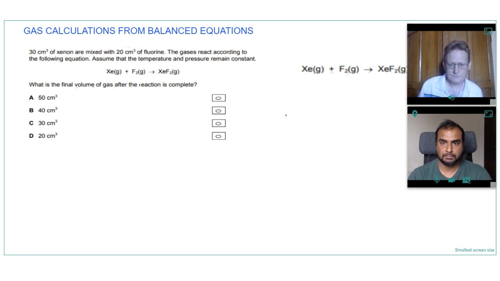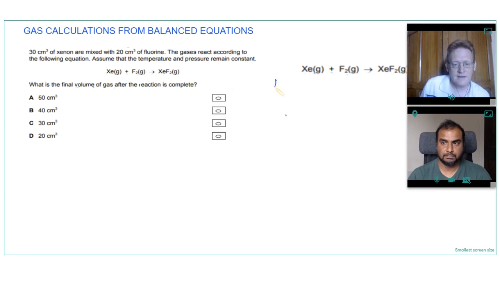And I use what's called the ICE method. Now, most chemistry students are familiar with the ICE method from equilibria, but you can use it just for normal molar equations. And I'll show you how.